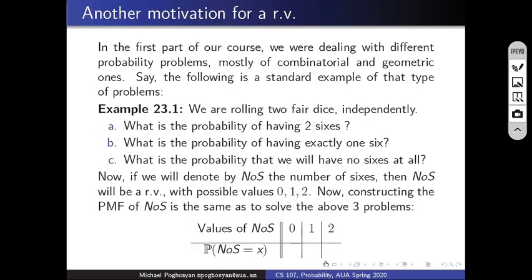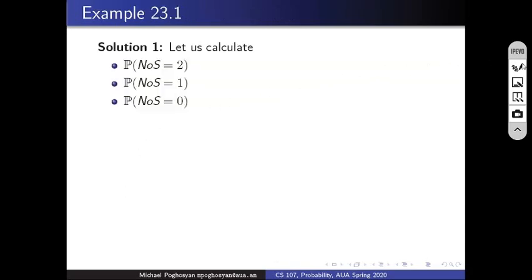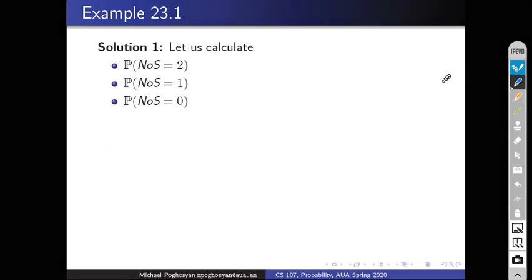So having the distribution, the PMF, of our random variable means having the solution to these 3 problems simultaneously.